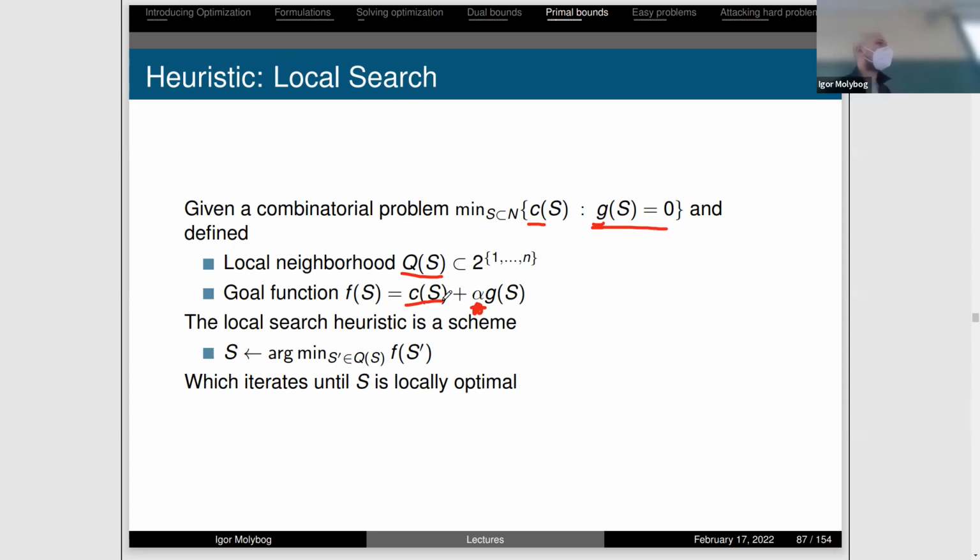Question? Is it guaranteed to converge somewhere? Eventually it converges to what is called a local optimum, which is defined when you define a local neighborhood. It's guaranteed to converge after certain assumptions.